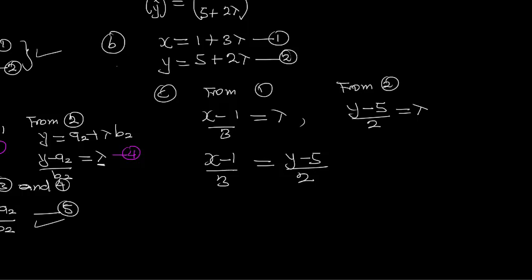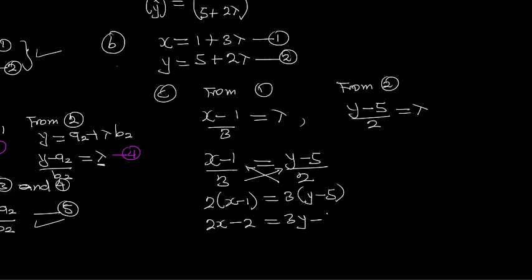Now we can go ahead and cross multiply. We have 2 into x minus 1 is equal to 3 into y minus 5. On expanding, we have 2x minus 2 is equal to 3y minus 15.